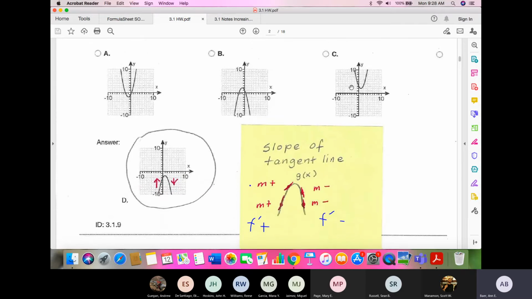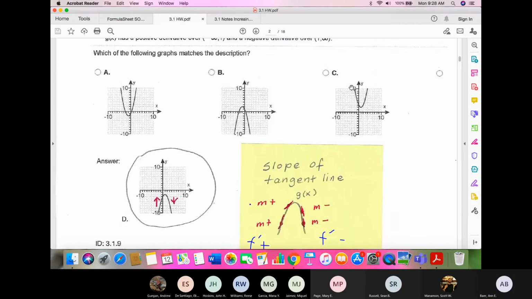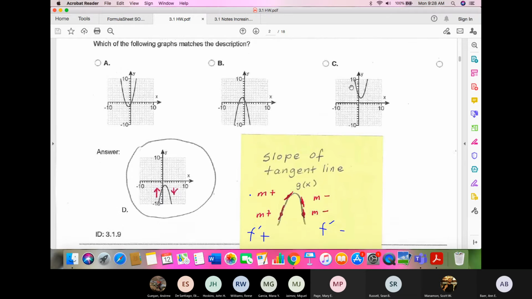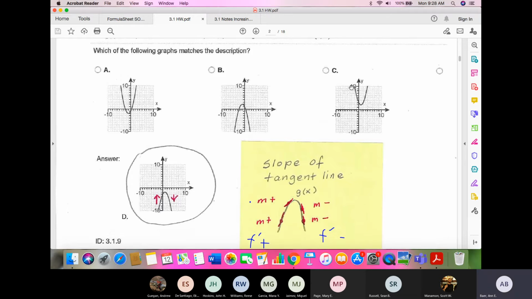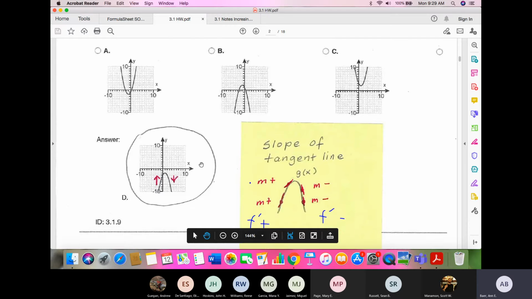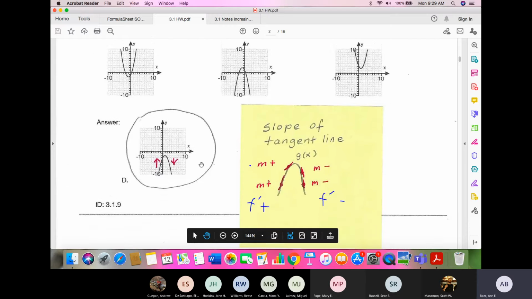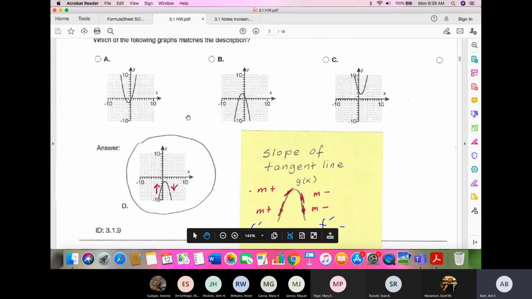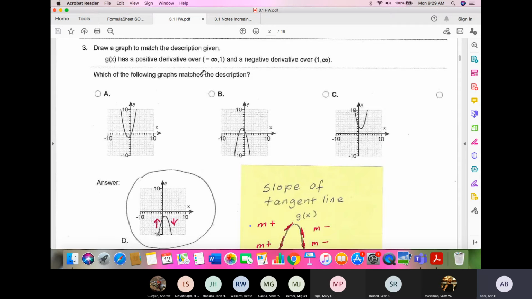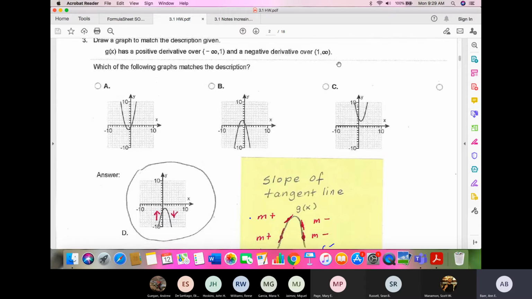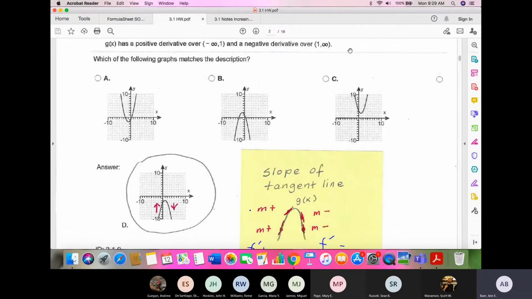Now let's take a look here. I want to show you why the answer is this one. It's actually D. Just so you understand, we want it to have a positive derivative over negative infinity to 1 and a negative derivative over 1 to infinity. And does it or does it not, and why?